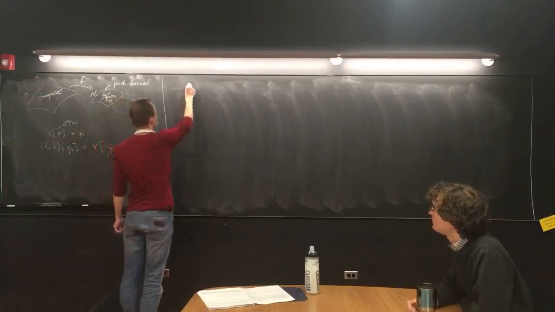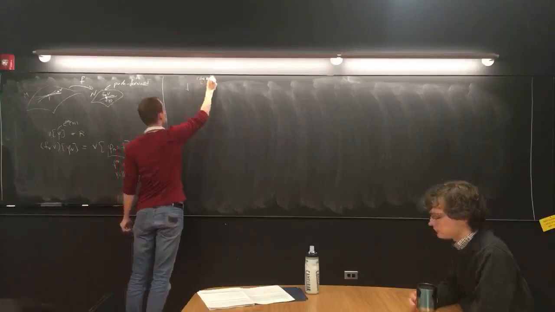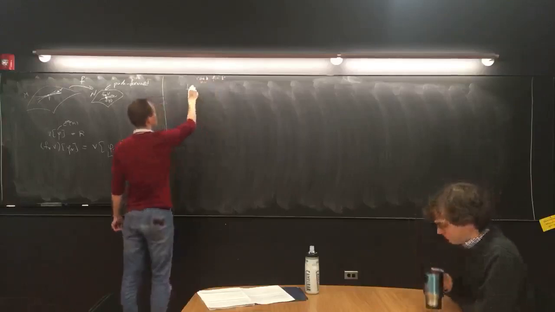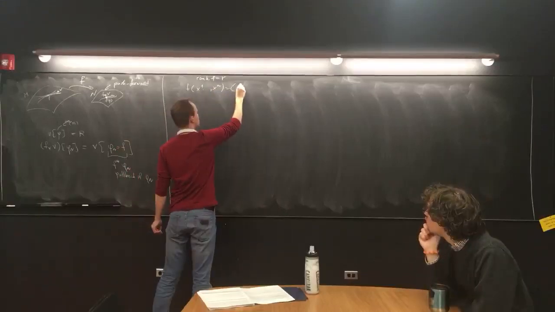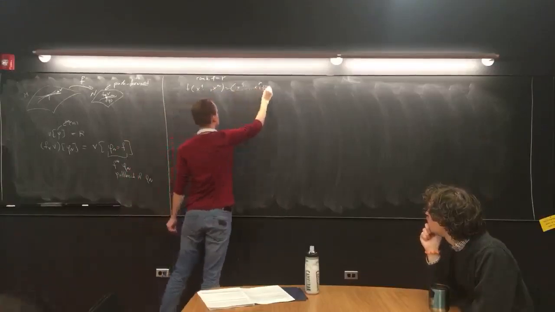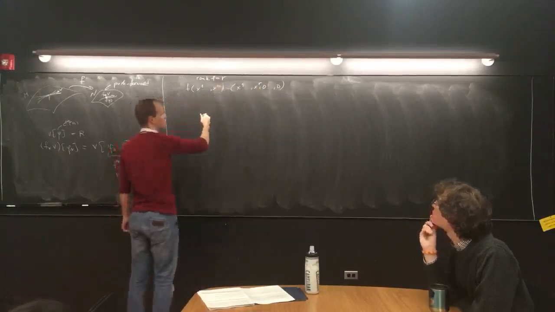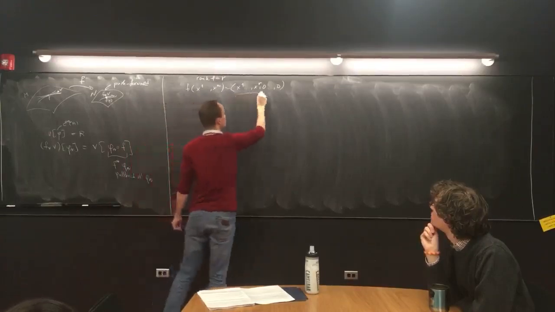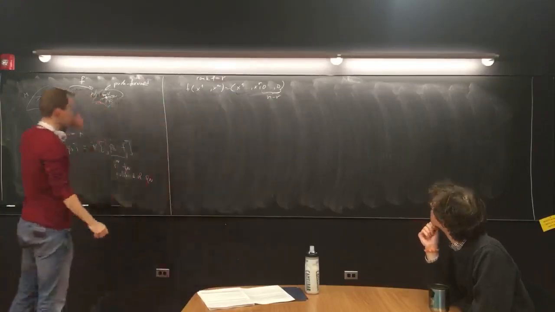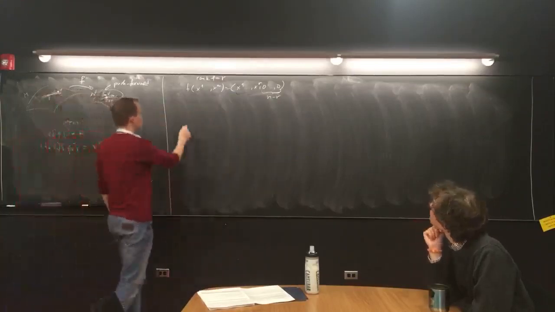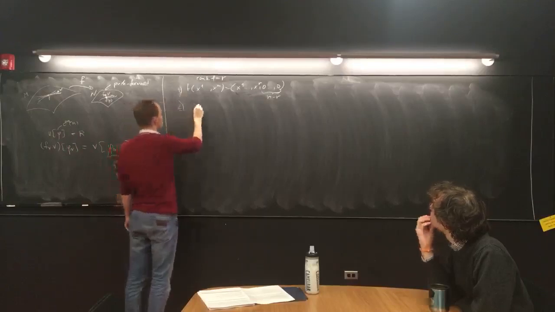So a map has rank R, first, if in some local coordinates it can be written as this, where M is the dimension of the domain manifold and N is the dimension of the target manifold.